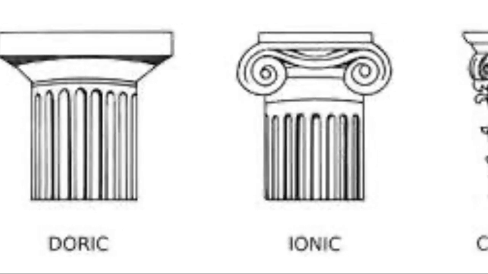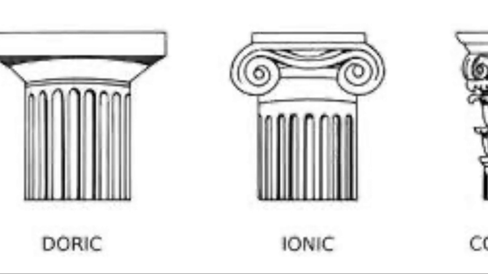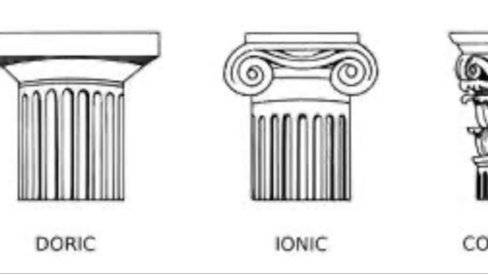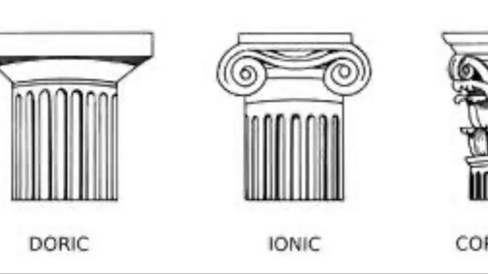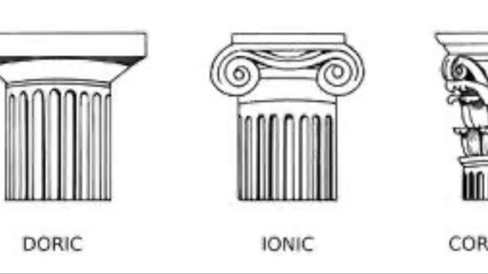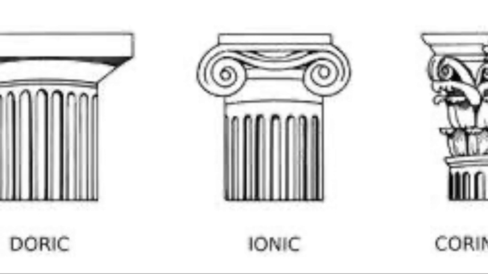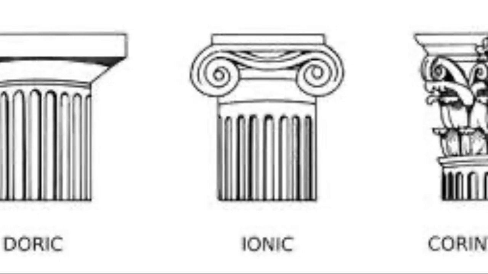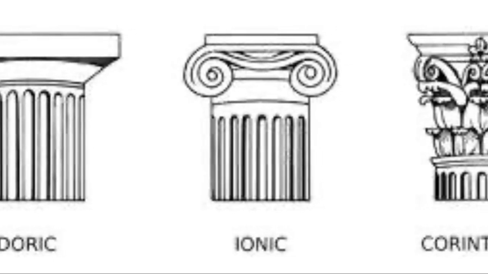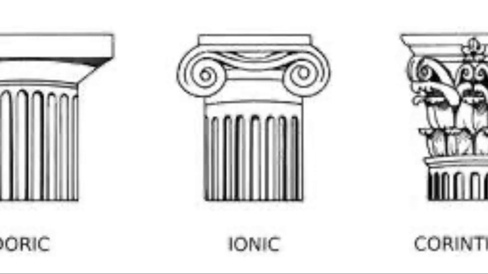If you notice any of them closely, you will see they have pillars, and they have certain kinds of names depending on their design. The plain pillars are called Doric. If you look at the top, it's very plain.